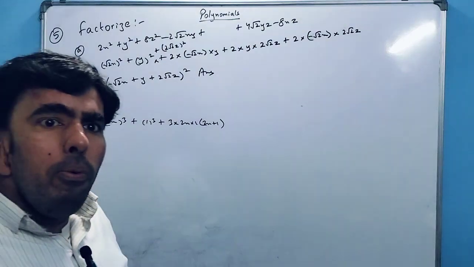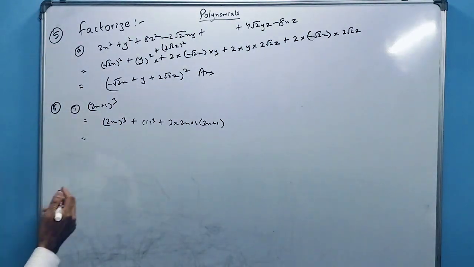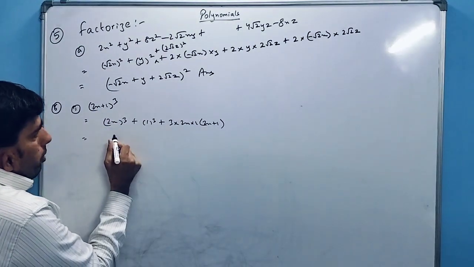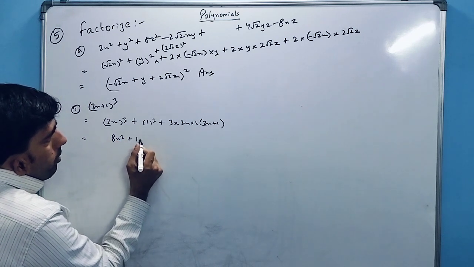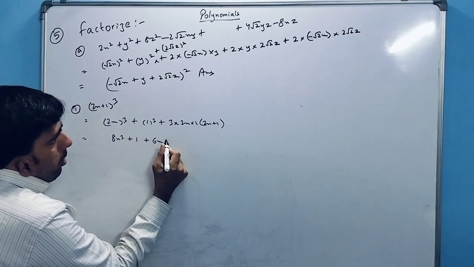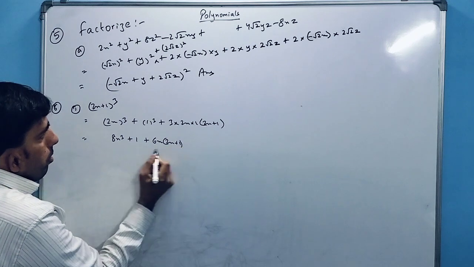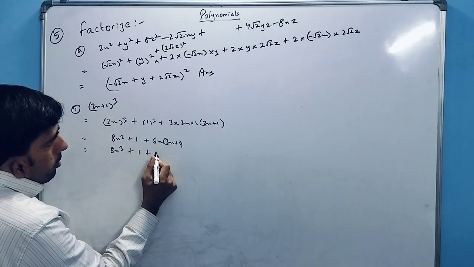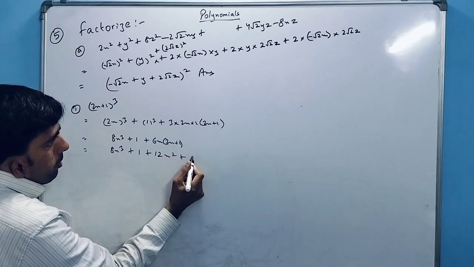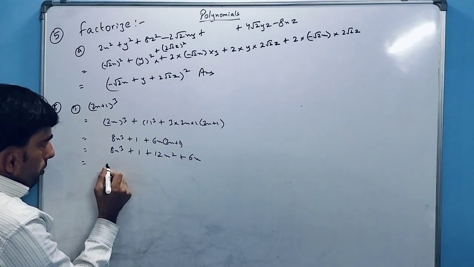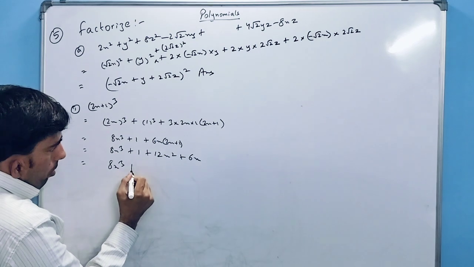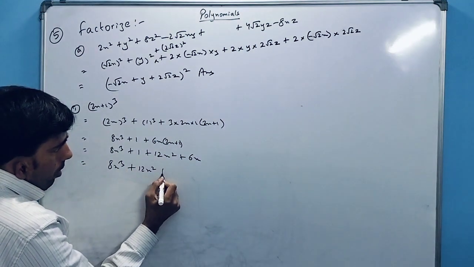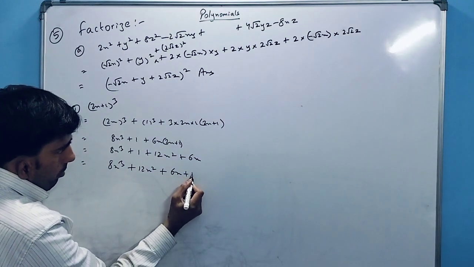Okay, so now we'll try to solve this. Using the identity, I've got 8x cube plus 1 plus 6x(2x + 1), or further we can solve: 8x cube plus 1 plus 12x square plus 6x. So I got my answer 8x cube plus 12x square plus 6x plus 1.